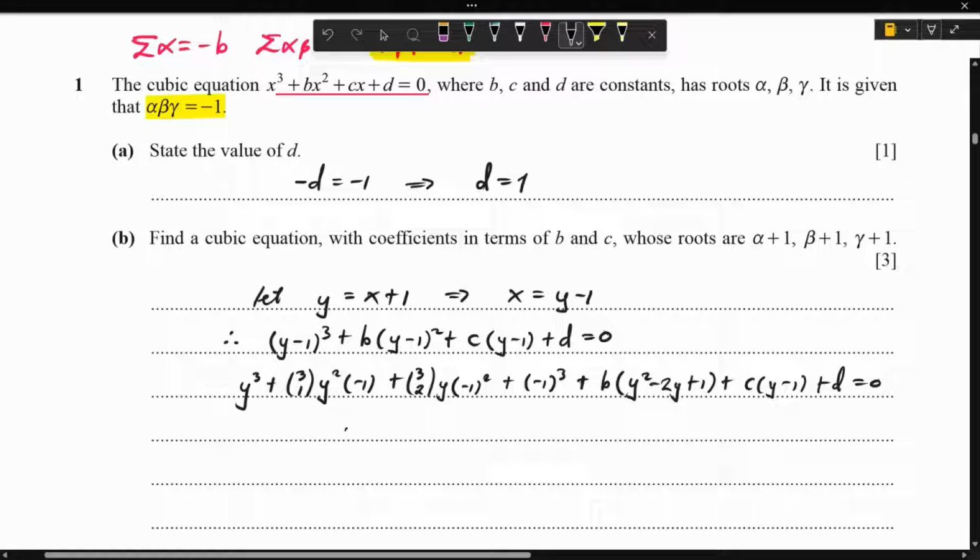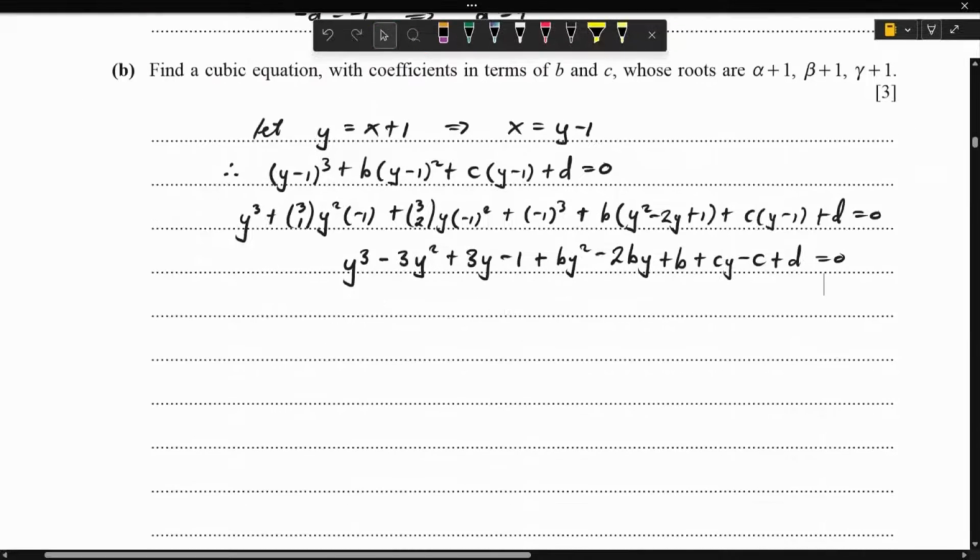So basically we have y cubed minus 3y squared plus 3y minus 1 plus, now expanding this part, we get by squared minus 2by plus b plus cy minus c plus d equal to 0.